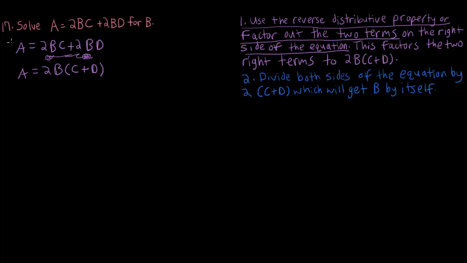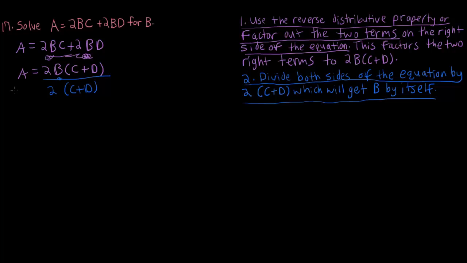Next you can go ahead and divide both sides of the equation by 2 times capital C plus capital D in parentheses, which will get capital B by itself. So right here we just want to get b by itself, so we divide everything but b.